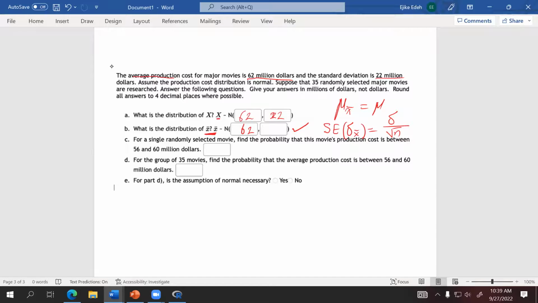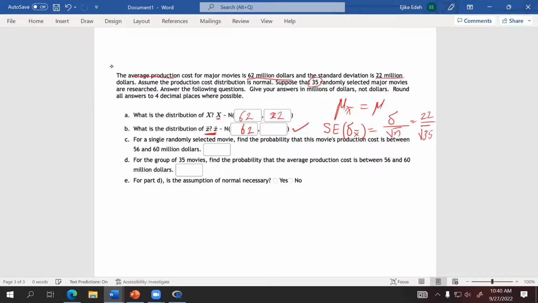The standard deviation here is 22, and we are dividing this by the square root of the sample size. What is that? 35, right? 35 randomly selected, so we're going to have the square root of 35 here.